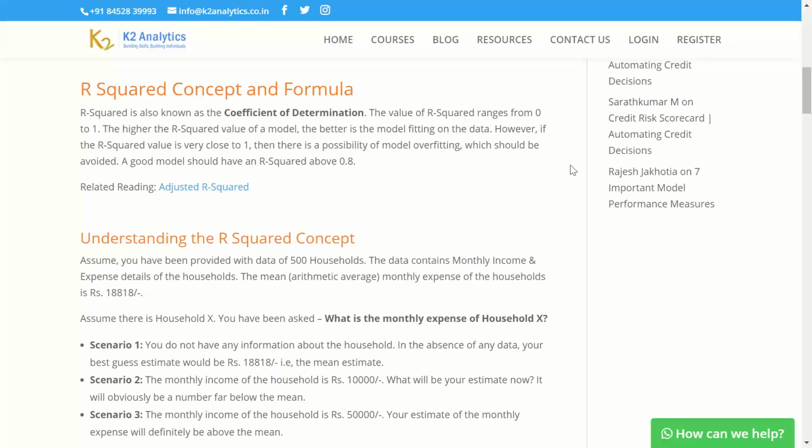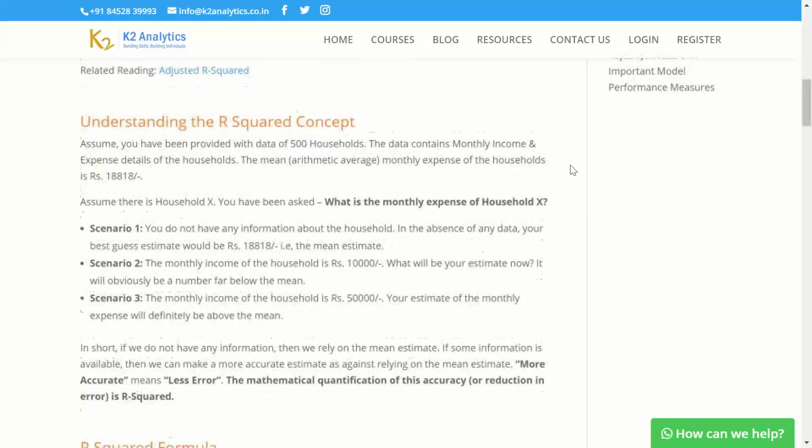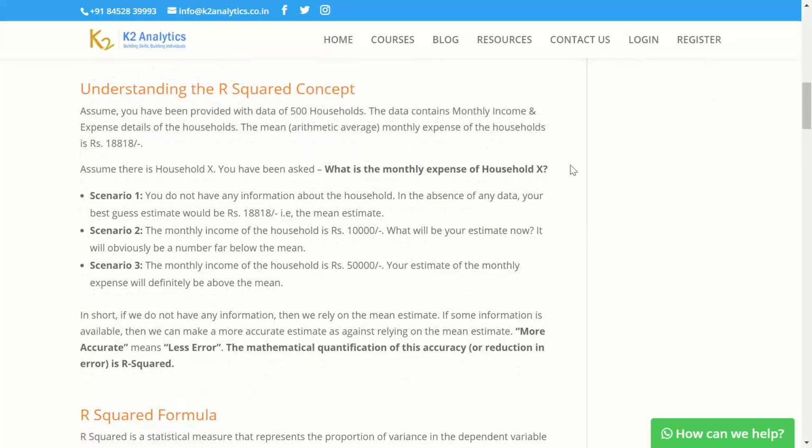Now, before I get into the R squared formula and what R squared is, let's just have a practical, straightforward discussion. Assume you have got data of 50 households or 500 households. The income information and the expense information of the households is available.